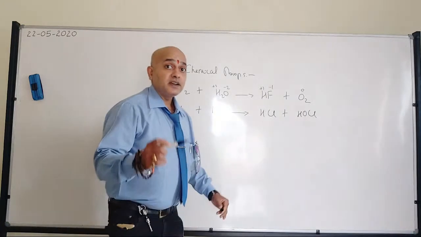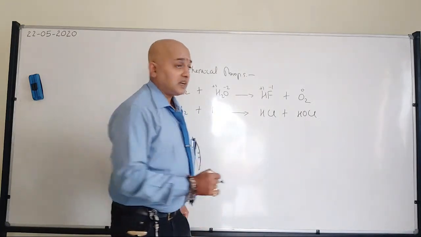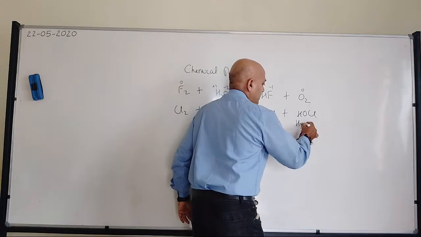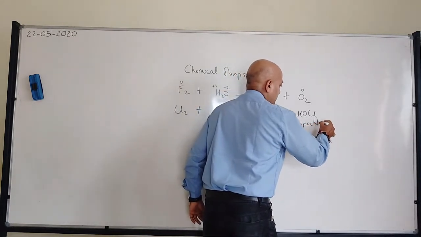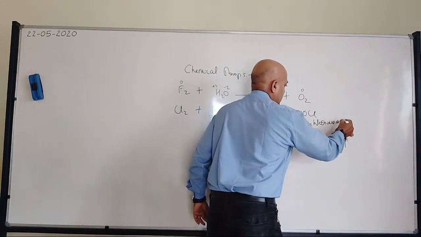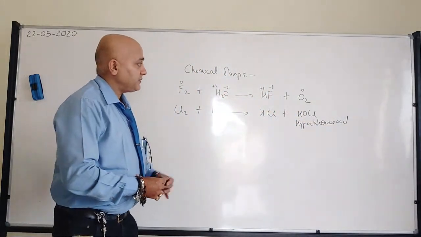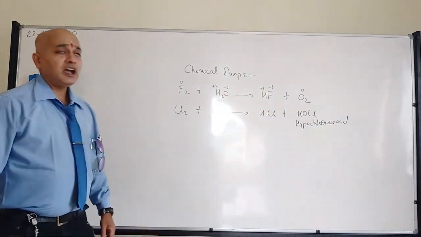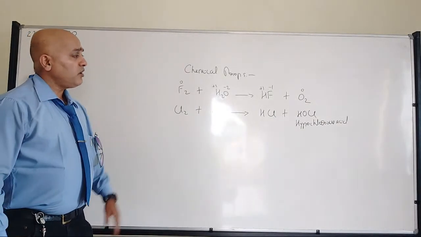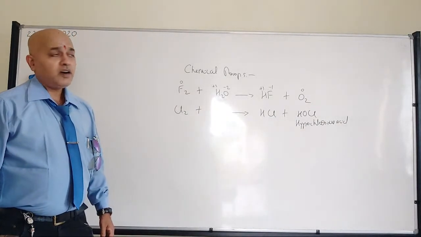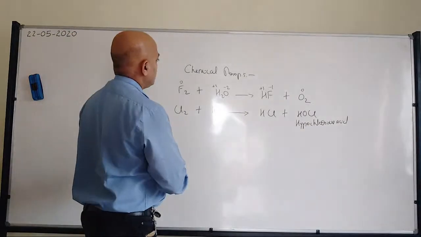That is hypochlorous acid. I discussed about hypofluorous, right? So this is nothing but hypochlorous acid. Anyway, we are going to discuss all these things in detail. So that's where we have the hypochlorous acid. There is no oxygen. Okay, we have to balance it, right?